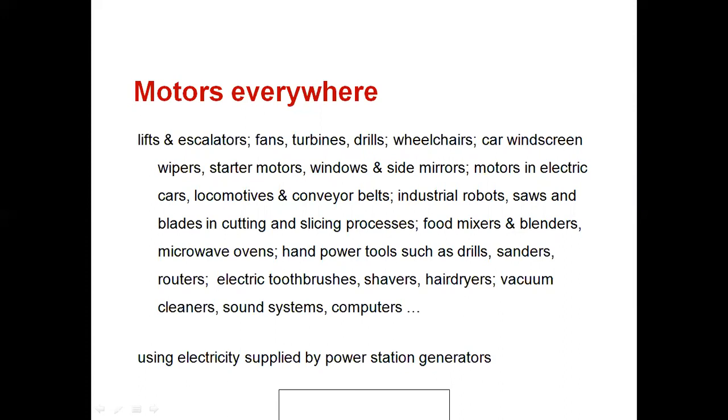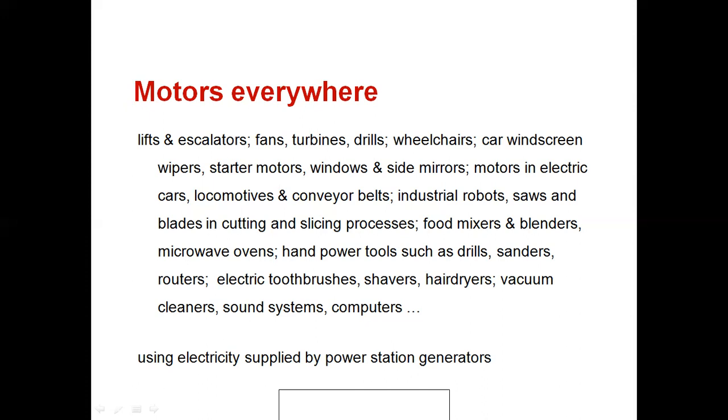We are using it in public places, lifts, escalators, and even in our house we are using fans, electric motors, pumps, mixers, turbines, drills, wheelchairs, car windscreen wipers, starter motors, windows and side mirrors.